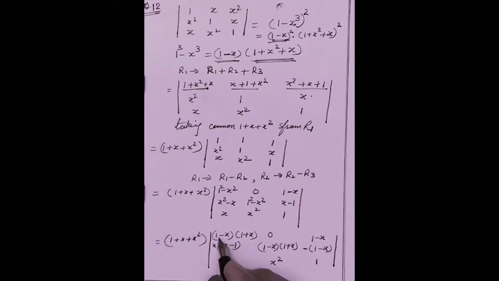So 1 minus x into 1 plus x, and then x square, and then 1 minus x, x minus 1, so that minus outside, 1 minus x here, and then last is 1. Now here 1 minus x, 1 minus x, but we don't have 1 minus x here.